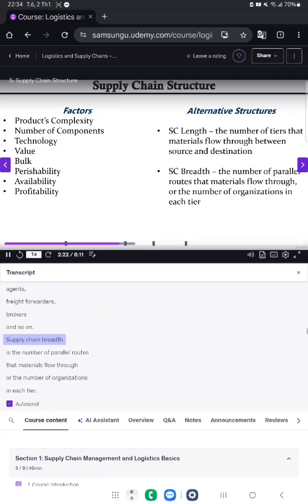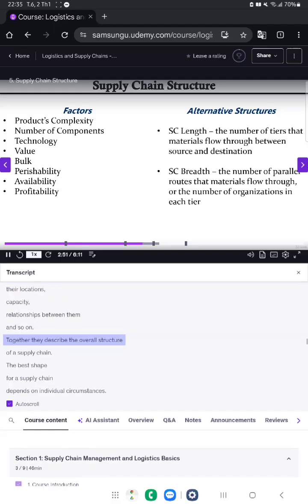Supply chain breadth is the number of parallel routes that materials flow through, or the number of organizations in each tier. On top of these basic structures are a series of related features that include the types of organizations in the chain, the activities that each does, the size of facilities, their locations, capacity, relationships between them, and so on.